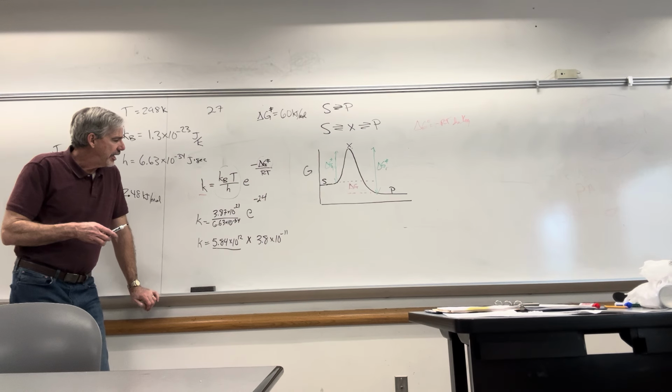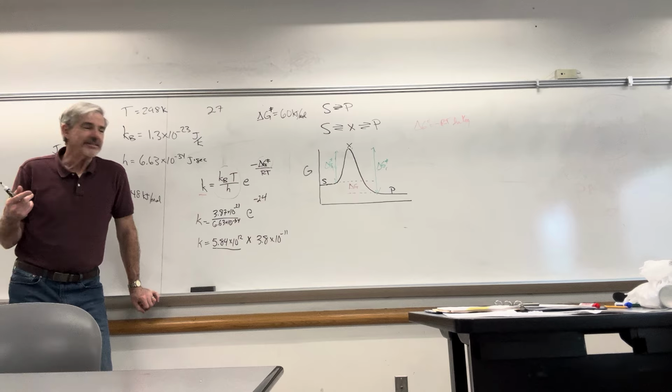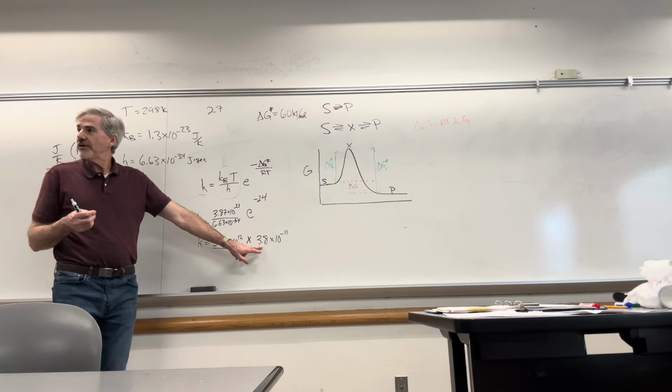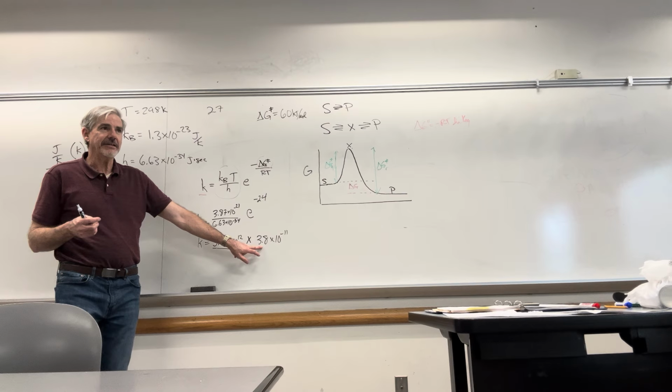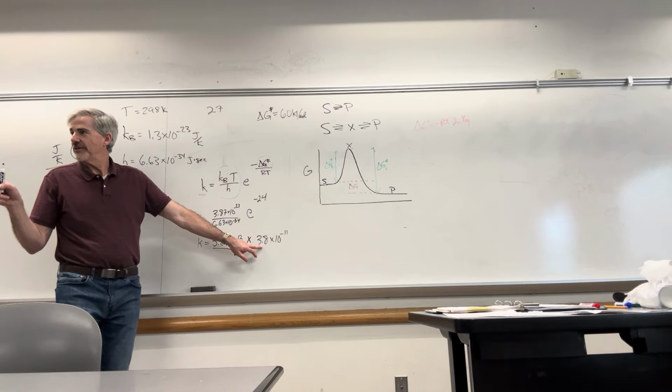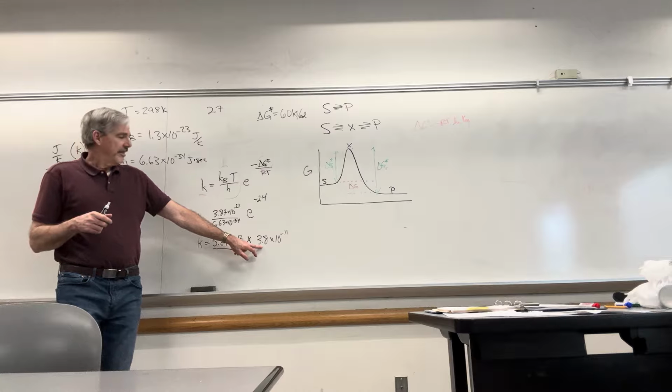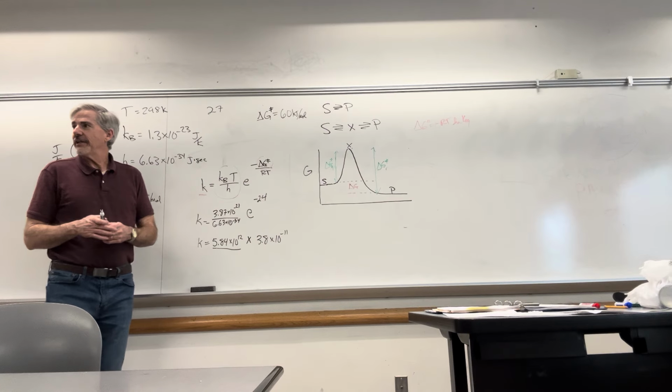And on my calculator, when I did e to the negative 24, I came out with 3.8 times 10 to the negative 11. I don't know if anybody's got a calculator that backs that up, or are you able to do that calculation? So e to the negative 24.